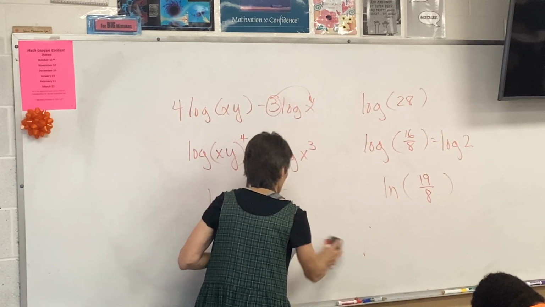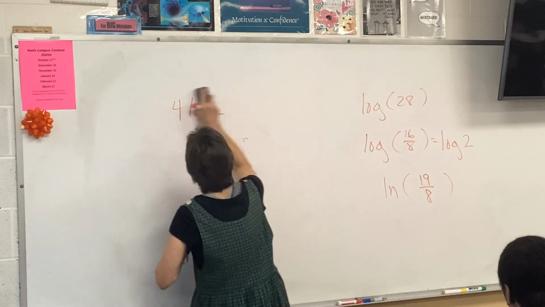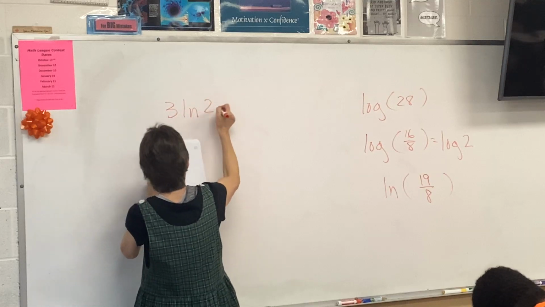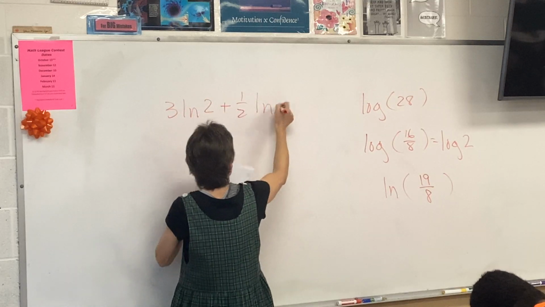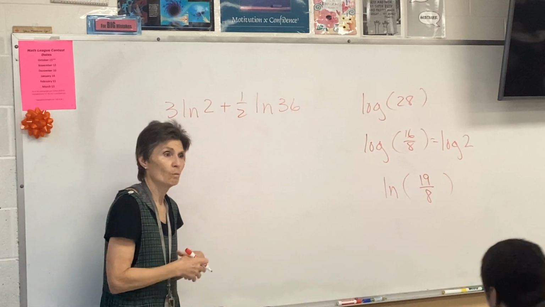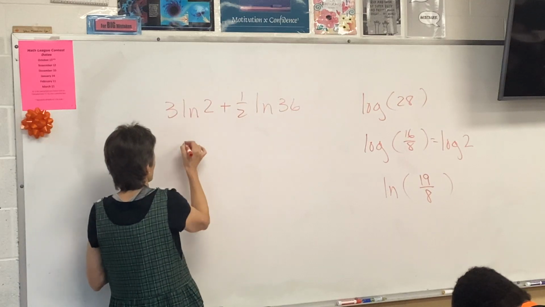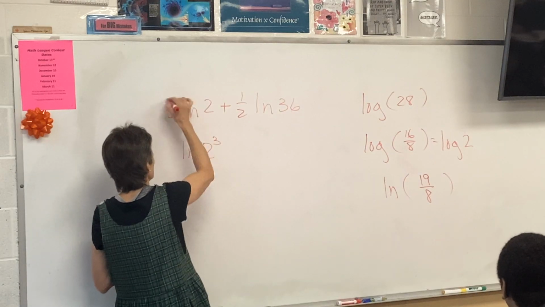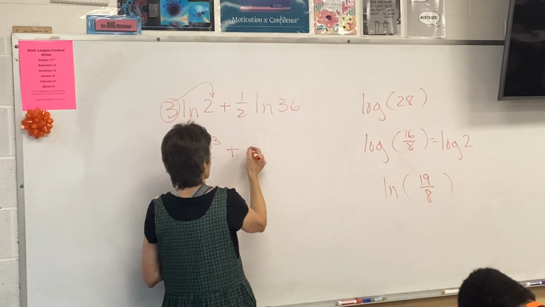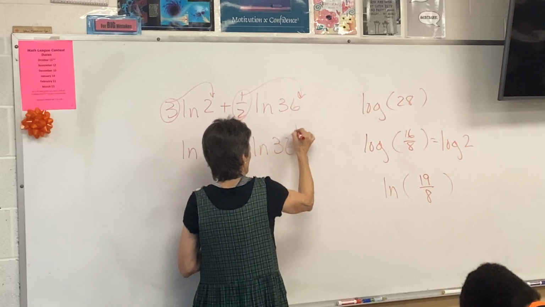And then the last one, it's a little bit bigger. Who can tell me what I should do first? This is going to be a couple of steps. What would you do first? Exponents. So this is going to become ln 2 cubed. This is an exponent. Plus ln 36 to the 1/2.